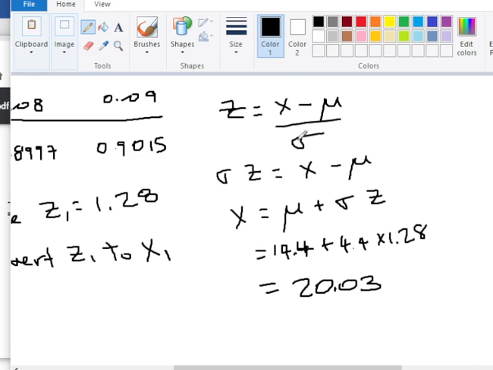We multiply by sigma to get it times Z. And then we add mu to both sides to get it here. So X is equal to mu plus sigma times Z. We have all these values from before. So it's 14.4 plus 4.4 times 1.28. Put that in your calculator, you get a value of 20.03 for your X value, or the return that cuts off the top 10% of returns.